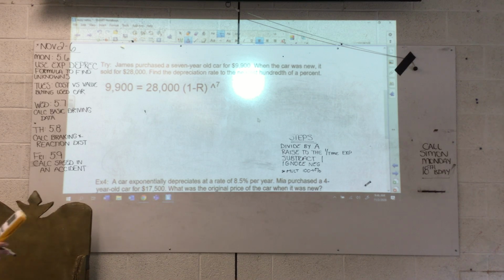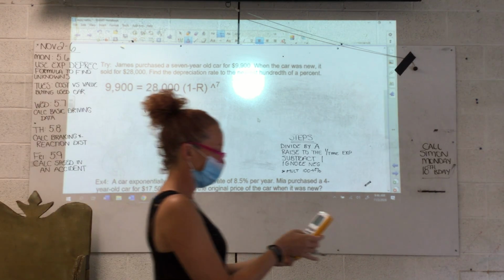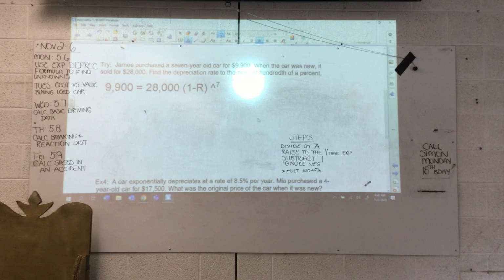Can you help me with this? Absolutely. What's the step for this part? Subtract the 1. It's still 1 minus r.